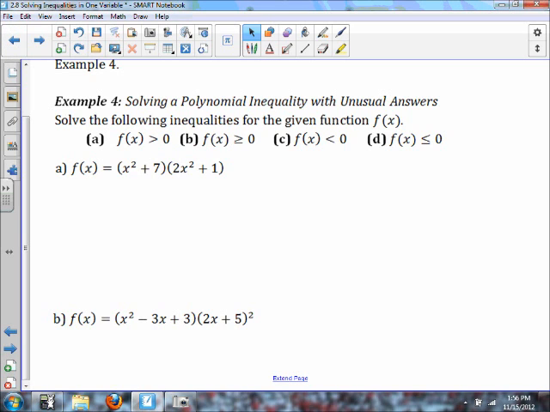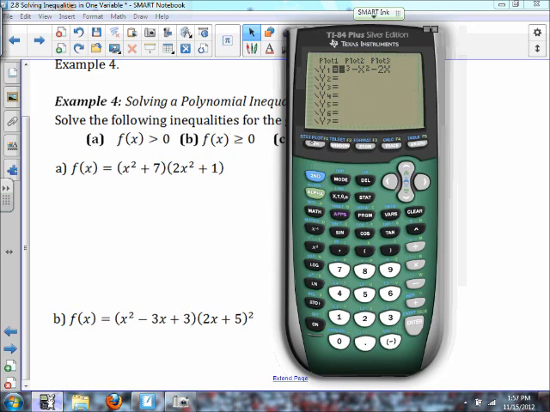I think the best way to do this would be to graph it, so put it into your calculator. As you can see, it's just above here, so I'm going to change my window a little bit. Okay, that's what the graph looks like.